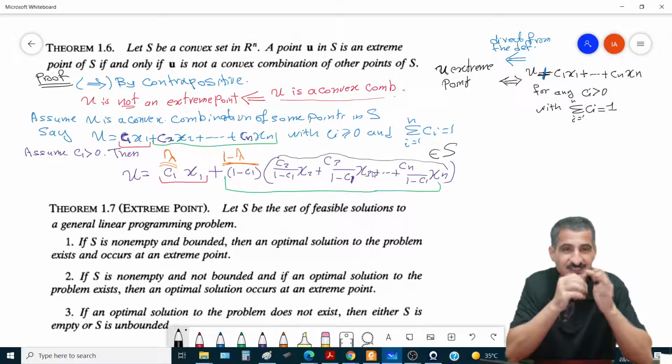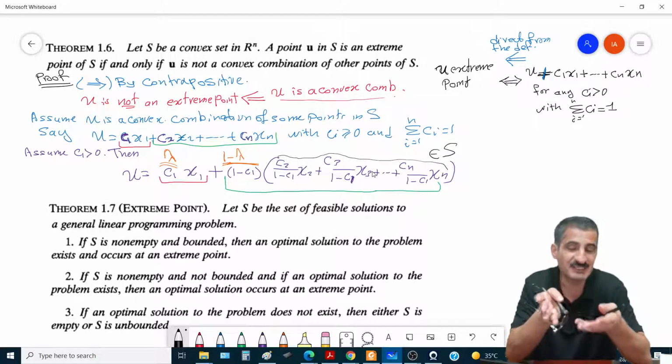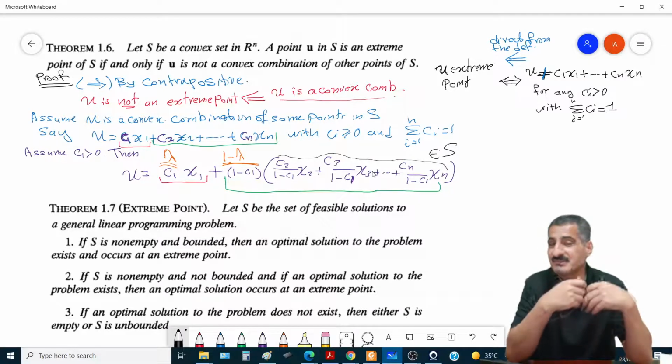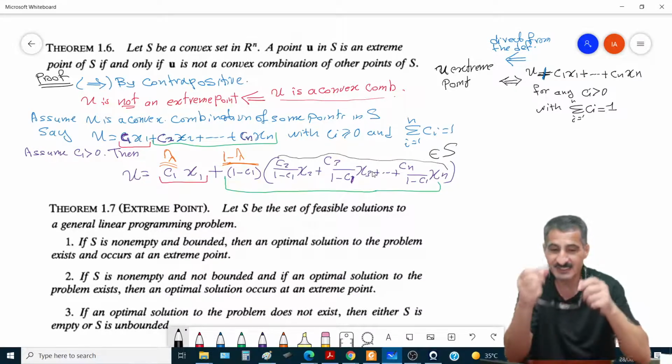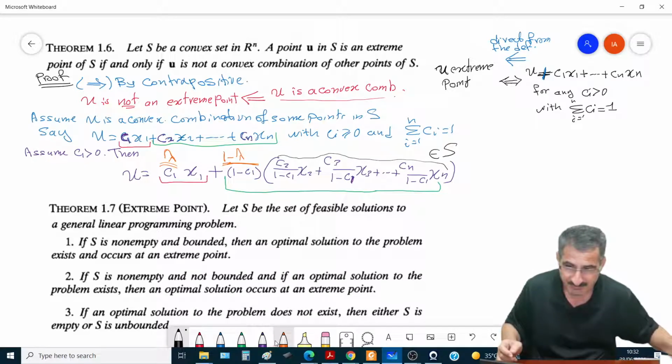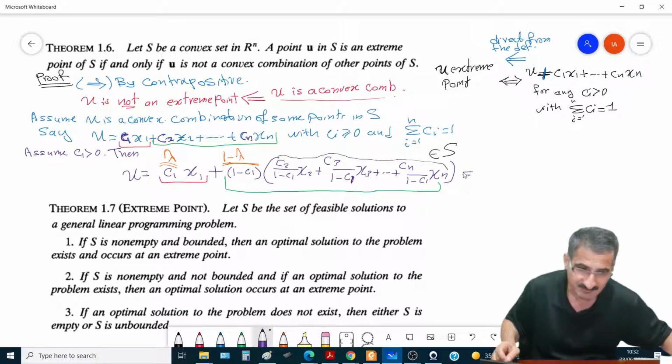So U is lambda times some point in S plus 1 minus lambda times some other point in S, and therefore U is not an extreme point.